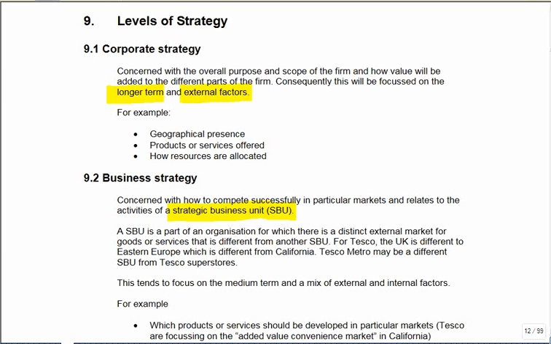So a different division, each division carries out a different type of business. And if you're making plans at that level, that will be a business level strategy. Now here, the time frame tends to shorten a little bit, so we're looking here at the medium term, and we tend to be looking at a mix of what's going on externally and internally.